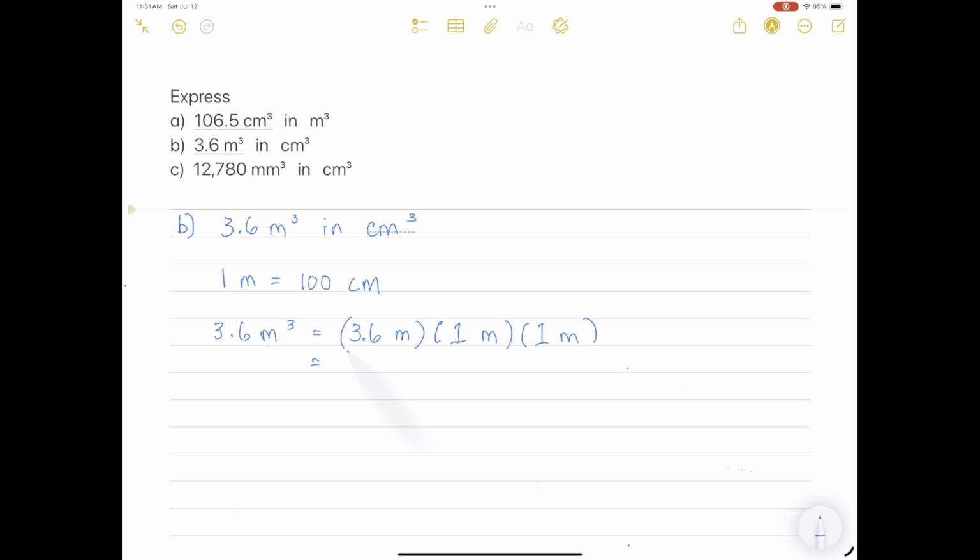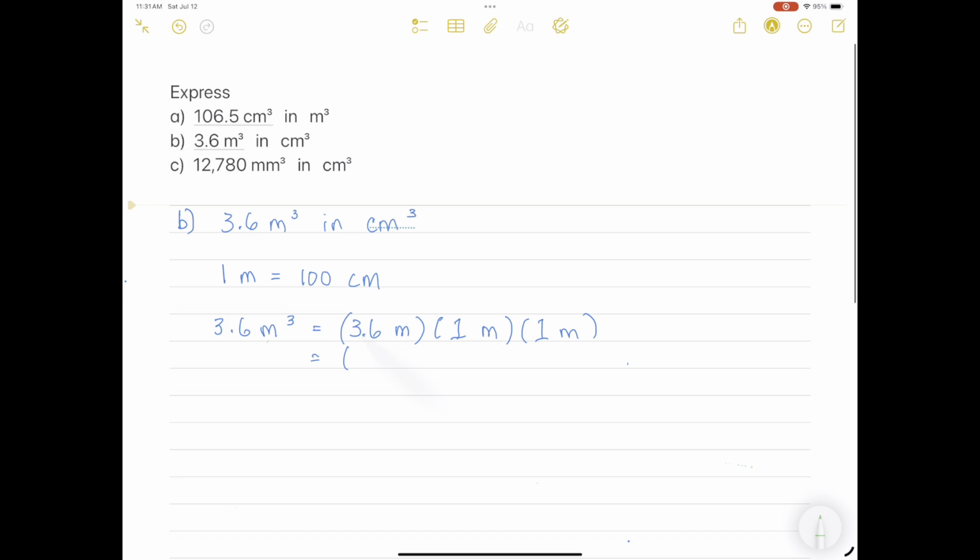Since 1 meter equals 100 centimeters, then 3.6 meters equals 360 centimeters. That is, I move the decimal point 2 scoops to the right to get 360 centimeters as a substitute for 3.6 meters, and substitute 100 centimeters for the 1 meters above.